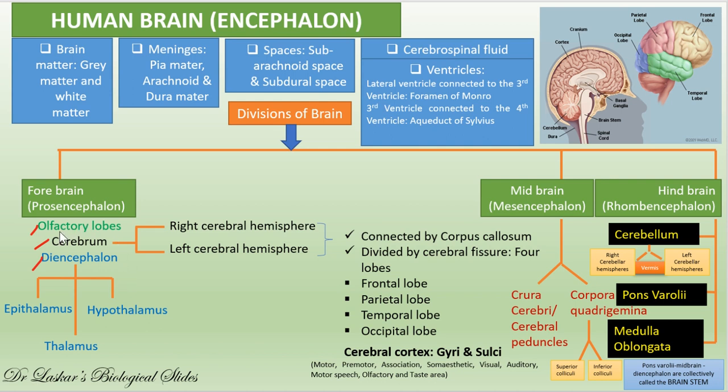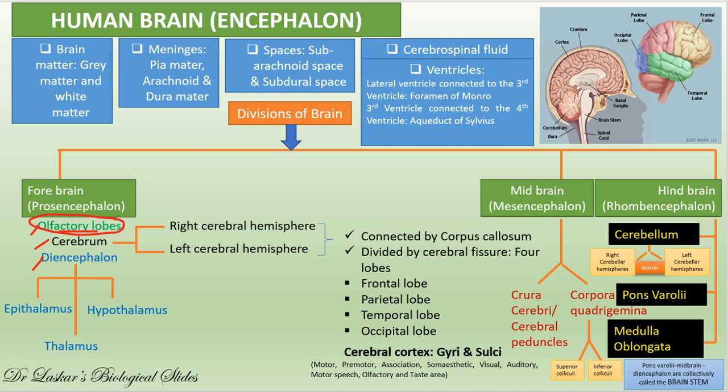Olfactory lobes are a pair of small, solid, club-shaped bodies widely separated from each other. These are completely covered with cerebral hemispheres dorsally and are visible only in the ventral view. Each olfactory lobe is differentiated into an anterior and posterior olfactory tract or bulb.